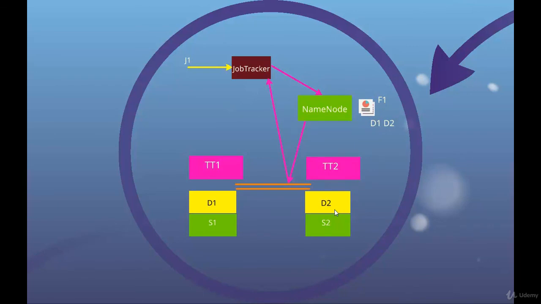So now the job tracker knows this is the pipeline, and the pipe constitutes D1 and D2. So it can schedule the task on D1 and D2 with the pipe ID given. Okay, so it's scheduling at D1 and D2.